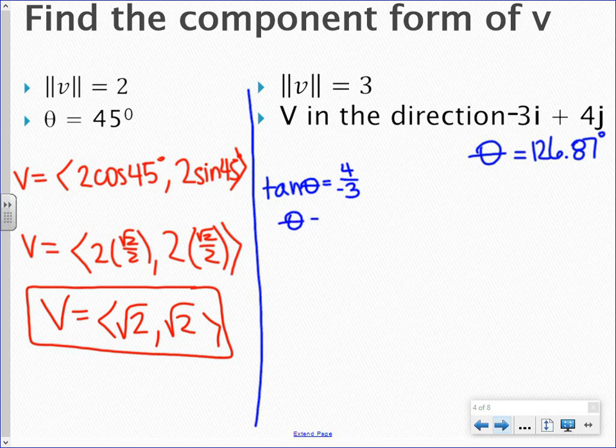Okay, and that gave you negative 53.13, right? Okay, remember that's a reference angle. I wouldn't even worry about the negative, to be honest. We know that this is in the second quadrant, so 180 minus our reference angle of 53.13 gives us an angle of 126.87 degrees. Okay.